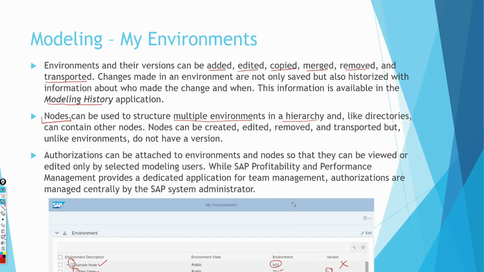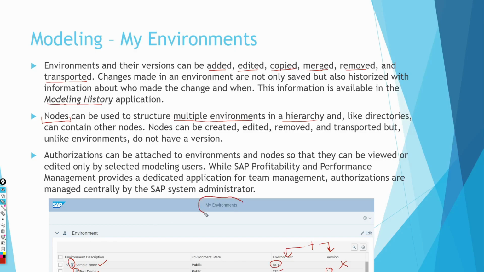Whenever we create an environment, the system will check the key. The key is the combination of these two. If ZS1 version 1 already exists, you cannot create it. But you can create ZS1 version 2 because that does not exist. This way, the creation of an environment can be done here in My Environment.